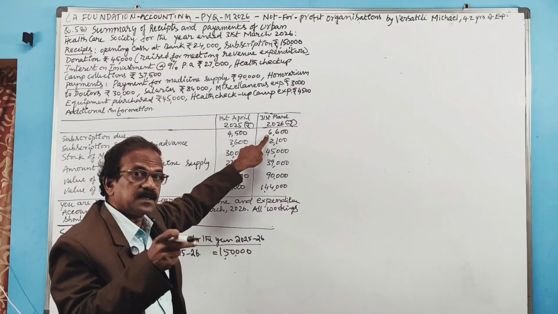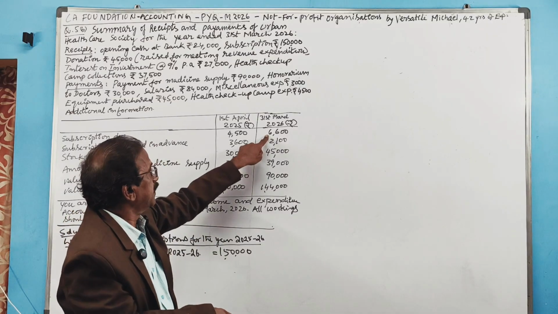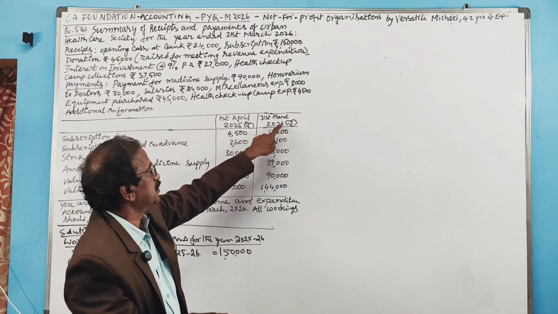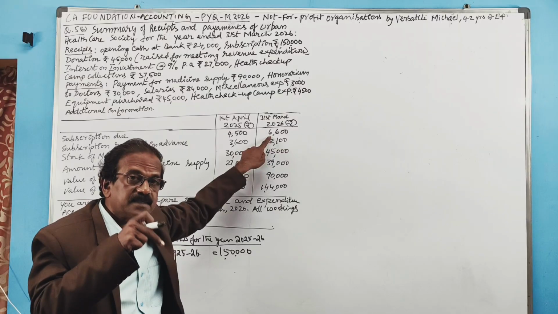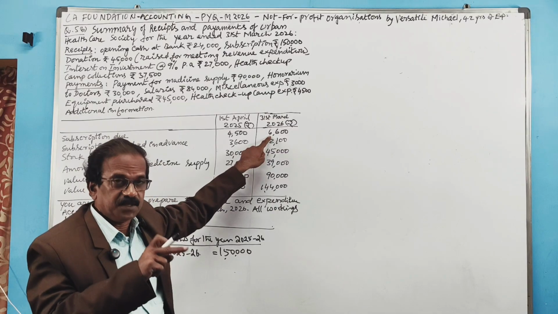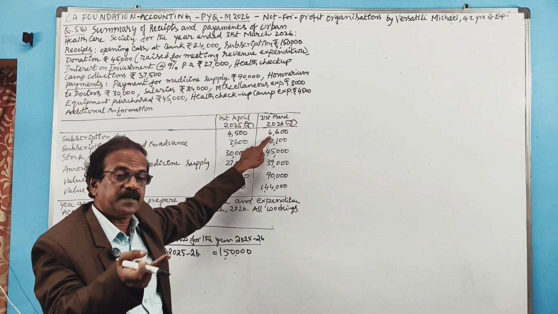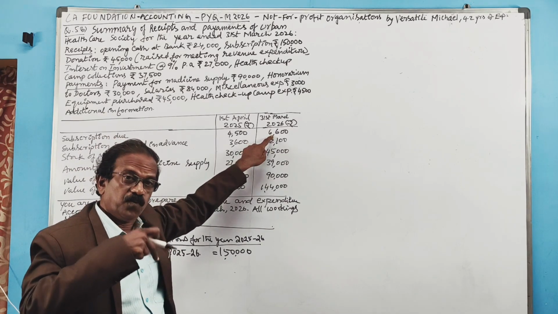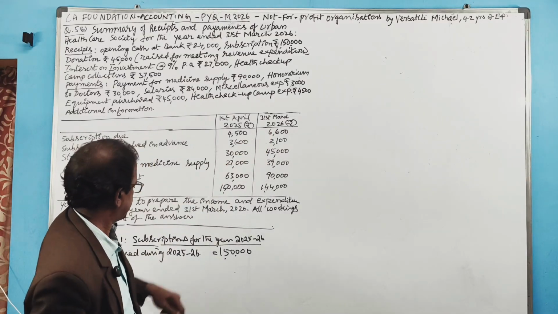This amount relates to the current year, which ends on 31st March 2026, but is not yet received. It is going to be received next year, but even then we have to consider this amount as current year income. So we should add it.